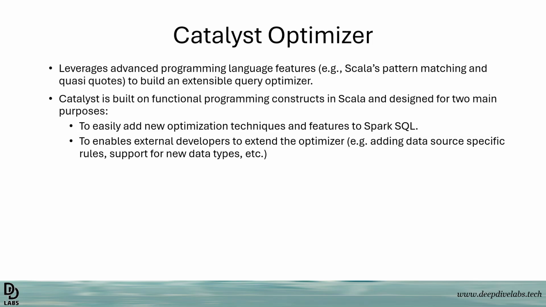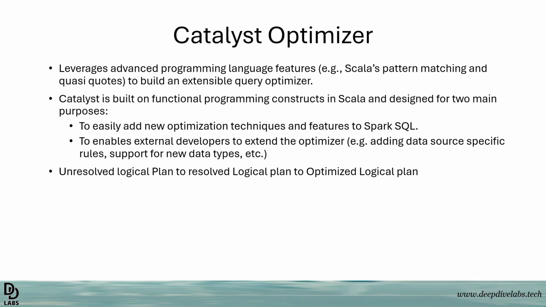The paradigm is a little different. The whole idea of the Catalyst optimizer, built on functional programming constructs, is for two things. First, the ability to easily add optimization techniques and features to Spark SQL. And second, to enable external developers to extend the optimizer, like adding data source specific rules or support for new data types, etc. That is the whole construct of your Catalyst optimizer.